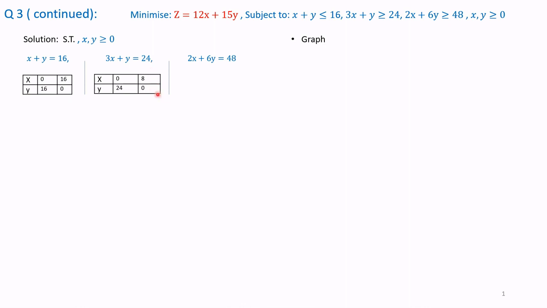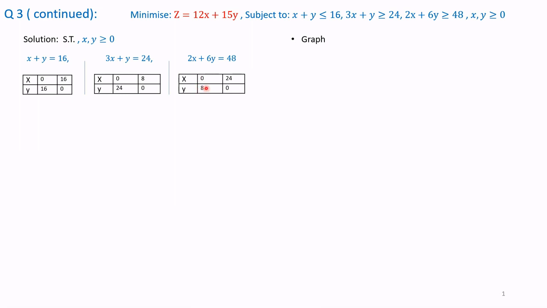The next equation is 2x plus 6y is equal to 48. When we put x is equal to 0 in this third equation, we get 6y is equal to 48 or y is equal to 48 by 6 or y is equal to 8. So x is equal to 0 is here and the calculated value of y is 8 here.